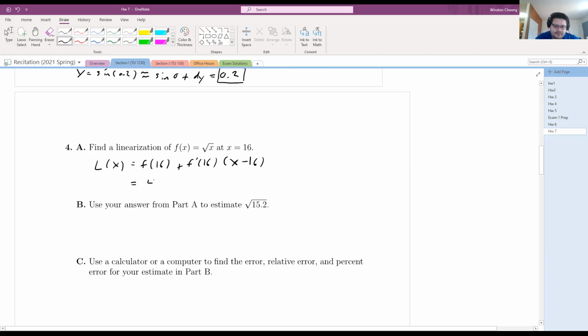Well, the square root of 16 is just 4, but the derivative involves a little bit of side calculation. The derivative is 1 over 2 root x. And then f prime at 16 is going to be 1 over 2 times 4, so 1 over 8.